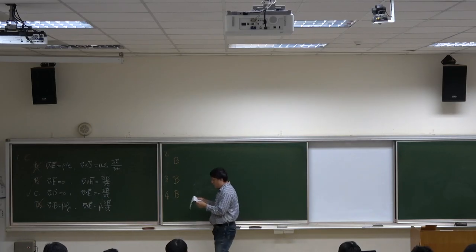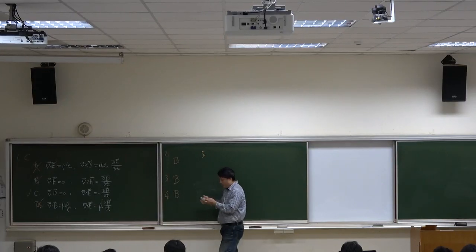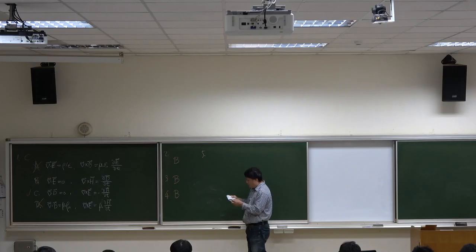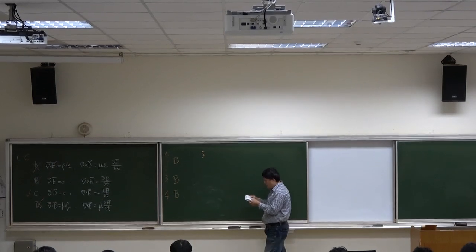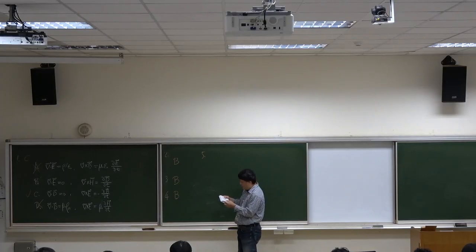这也是错的, this is incorrect. 第五题. Let E and B be the complex electric and magnetic field vectors of a monochromatic electromagnetic wave. The real part and the complex conjugate of quantity Z are denoted as symbol real Z and Z star, respectively.